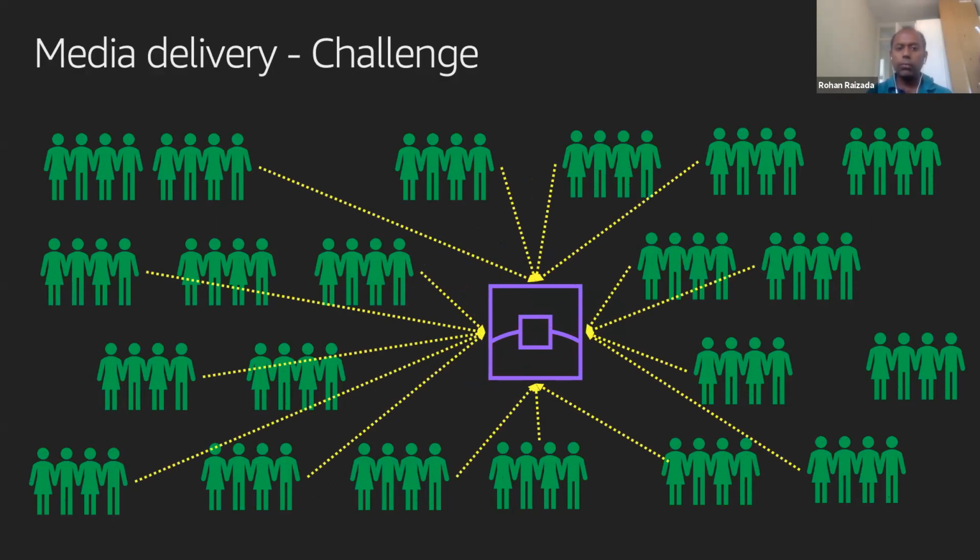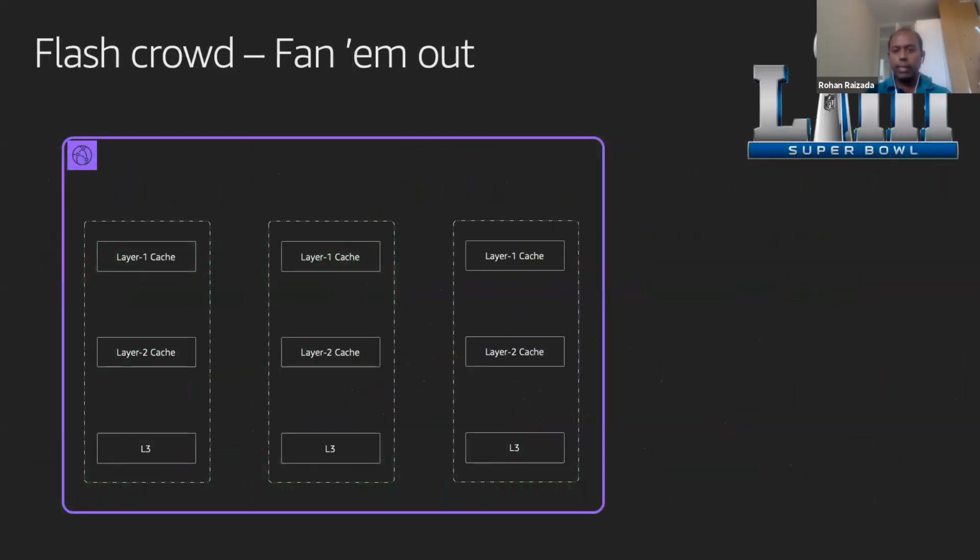With some of the terminology that I explained earlier on how our POPs are tiered using levels L1, L2, L3, let's see what effect this has on the architecture. Let's assume we have a lot of flash crowd coming in. In this case, we are just taking an example of a Super Bowl event, and a lot of requests came in.